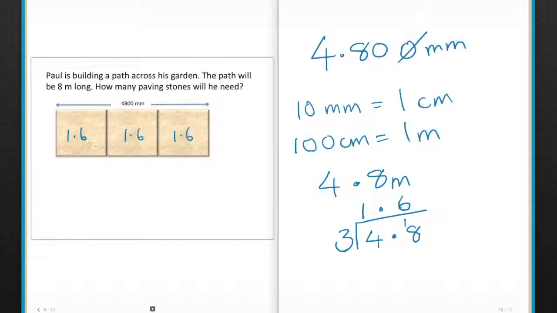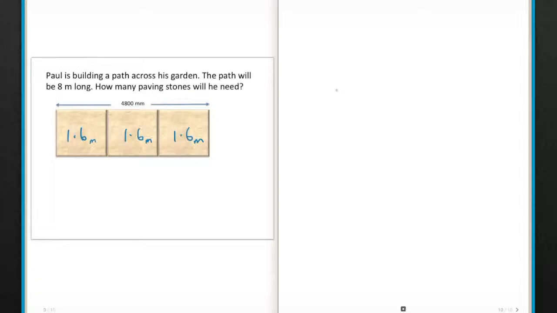So how many of them will I need to make 8 metres? I'm just going to clear this page so I can write on it for you. So we've got 8 metres divided by 1.6. That's the same as saying 80 divided by 16 by timesing them both by 10.